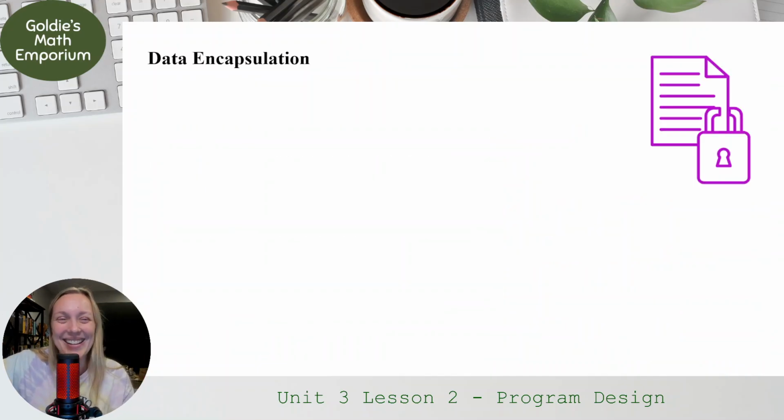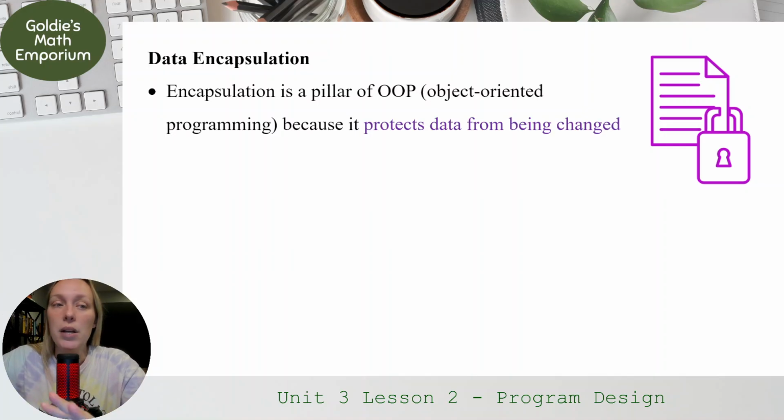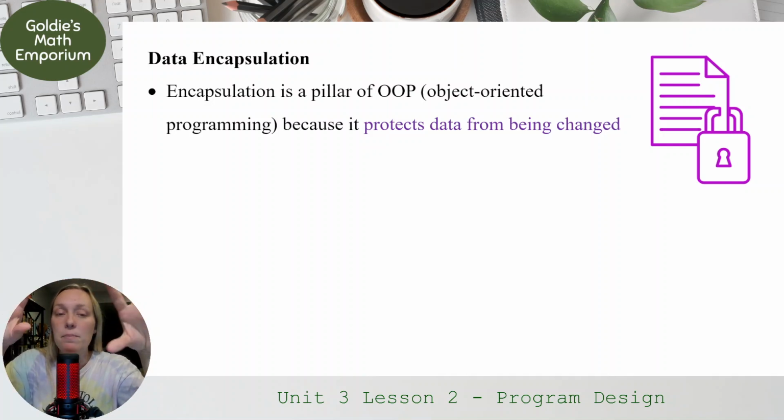Okay. All right. So let's talk about data encapsulation. This idea of public and private and what exactly it means for you. Now, encapsulation is one of the 4 pillars of OOP, or object-oriented programming, because it protects data from being changed.